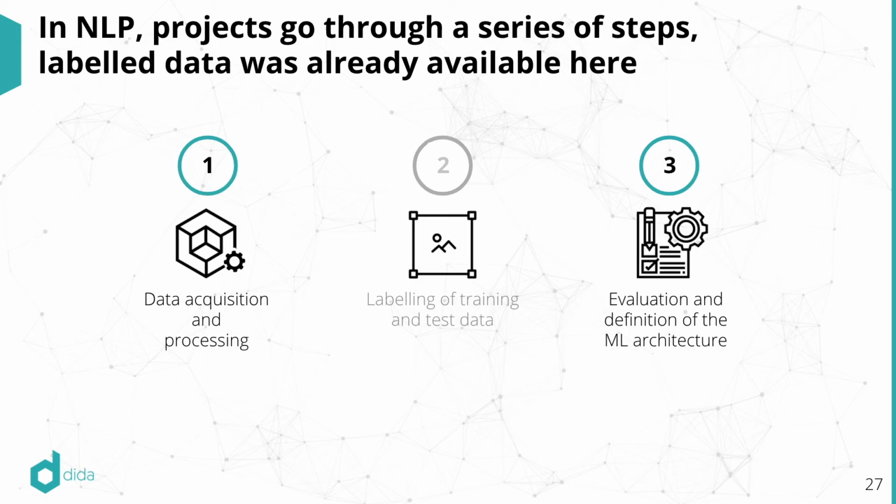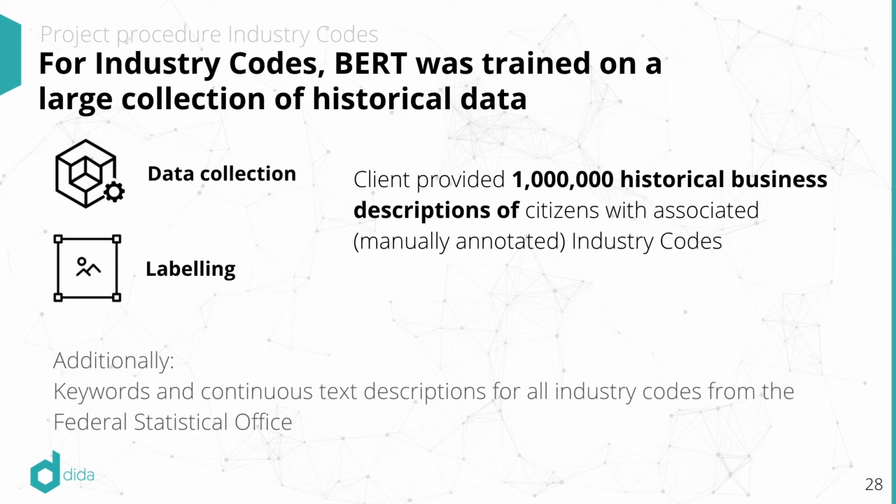Labeling of training and test data is grayed out in this case because our client for this project provided us with already labeled data. To be precise, we were provided with 1 million historical business descriptions of citizens and their associated industry codes.